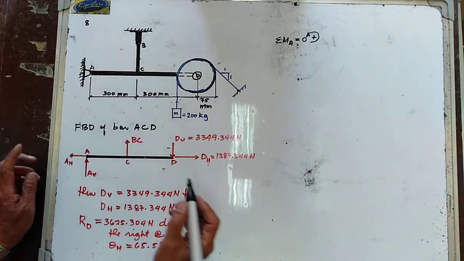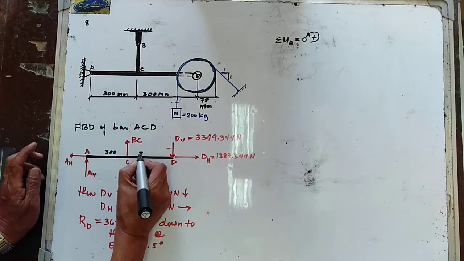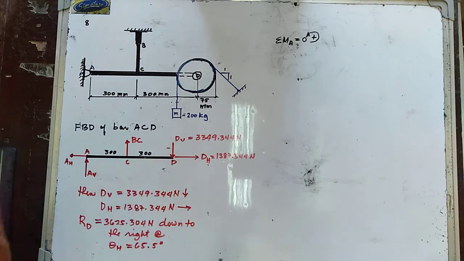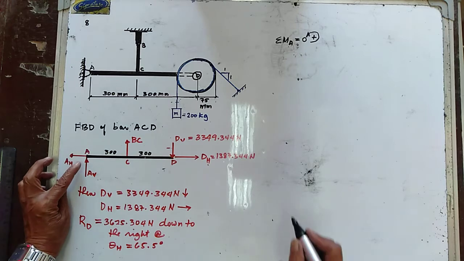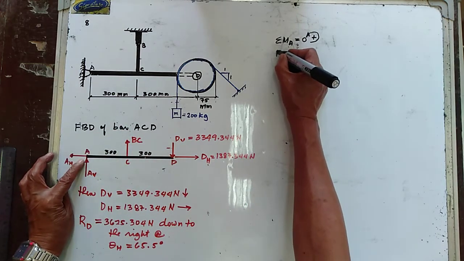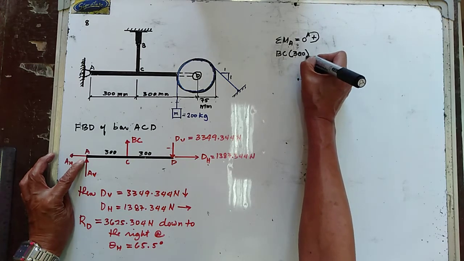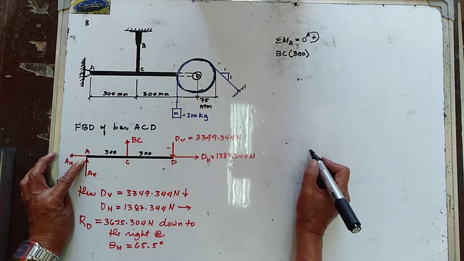Okay, BC, so this is 300 mm. That is 300 mm. Your BC is going counterclockwise. So we have BC, the moment arm is 300 millimeter.